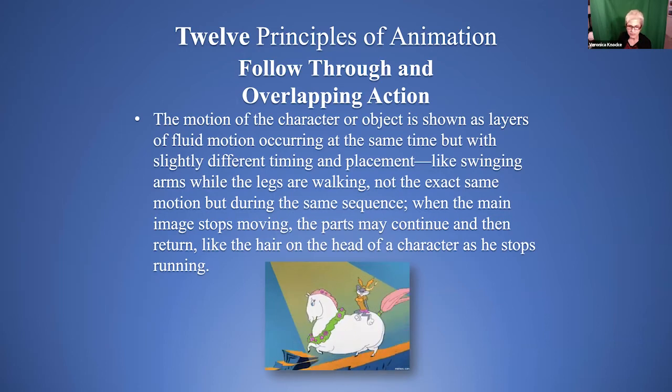And here you can see that as the horse is galloping, the lei around the horse's neck is bouncing up and down, and the tail on the horse is flopping a little bit, and Bugs Bunny's braids are bouncing up and down. So these are all follow through and overlapping action.